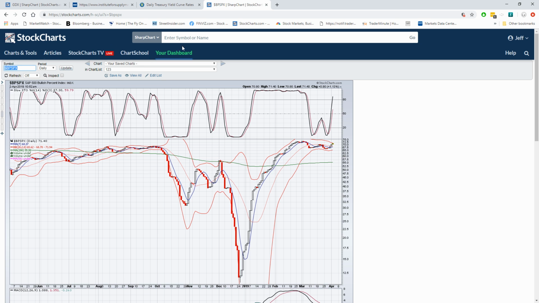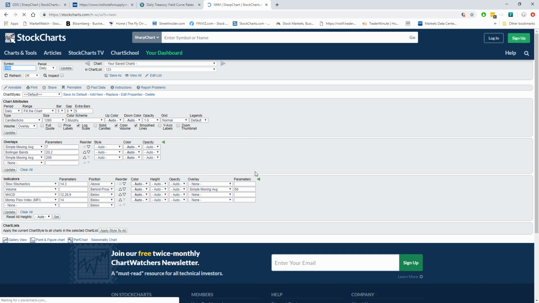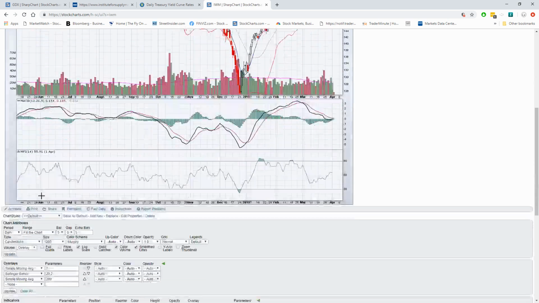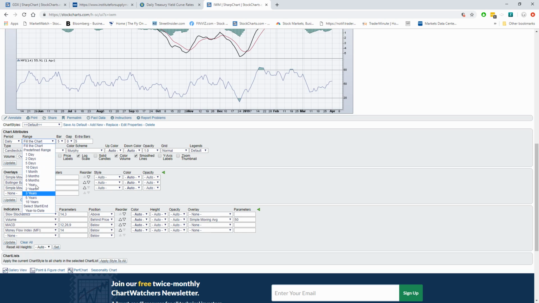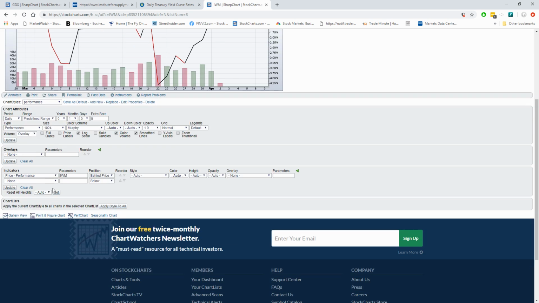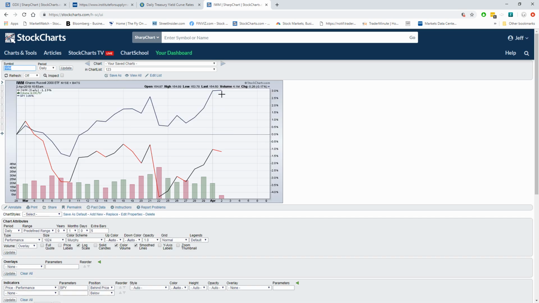If we look at performances of things like small caps versus large caps, you can see that we're continuing to see a lag when it comes to the small caps, where the large caps are outperforming in a big way. I mean, the differential's over 4% in the last 30 days, where the SPY's outperforming the IWM.